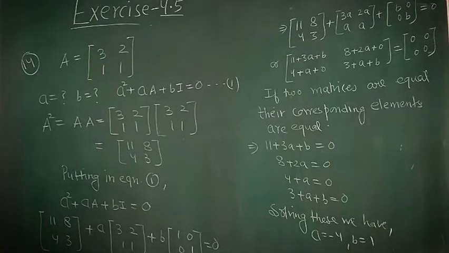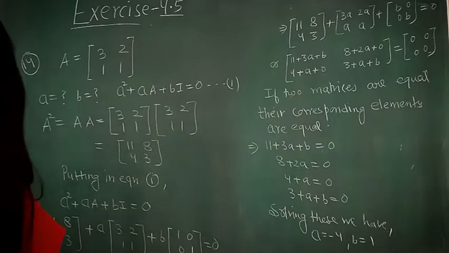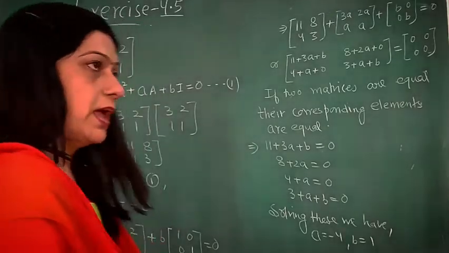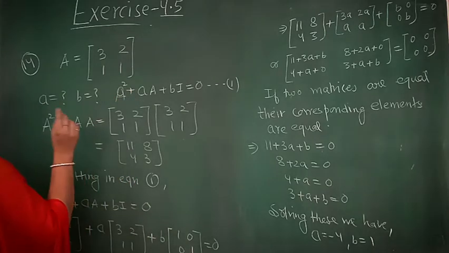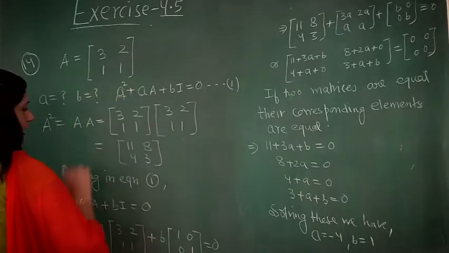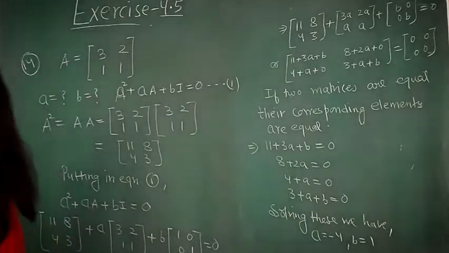Now let us first find the first term, that is A square. A square is equal to A into A, which you can find using matrix multiplication.